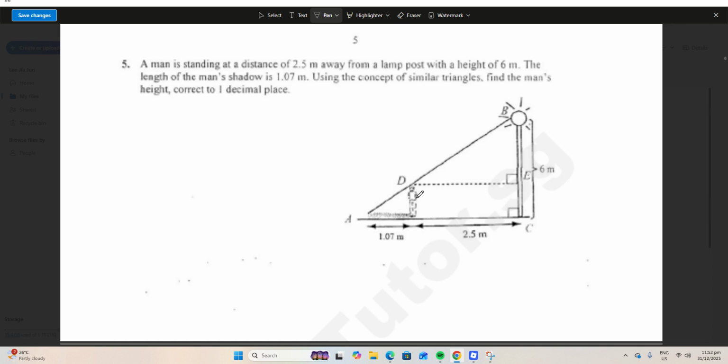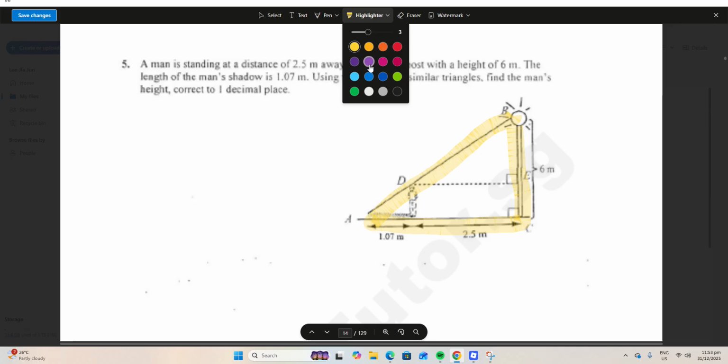So in other words, they don't want you to use Pythagoras, they want you to use similar triangles. So which triangle is similar? This big triangle, I should use a highlighter. This triangle and this.